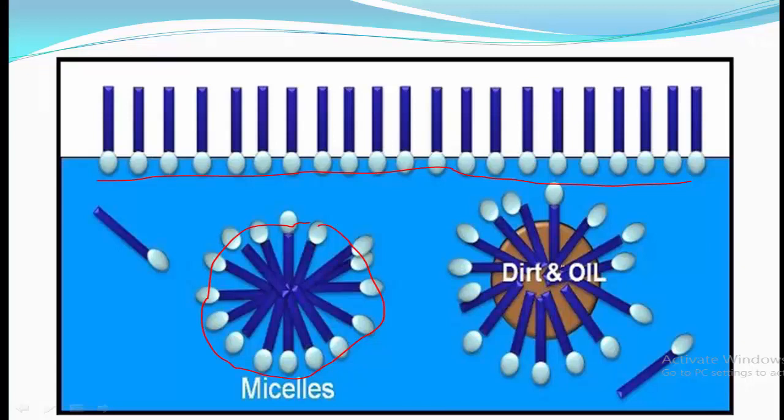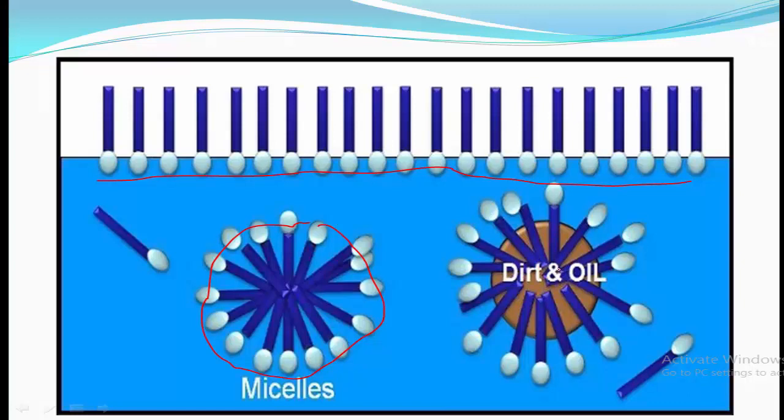Usually, you know, oil or dirt, grease, if you consider grease or oil, they are almost hydrocarbons, and hence this tail part is attracted towards the oil.